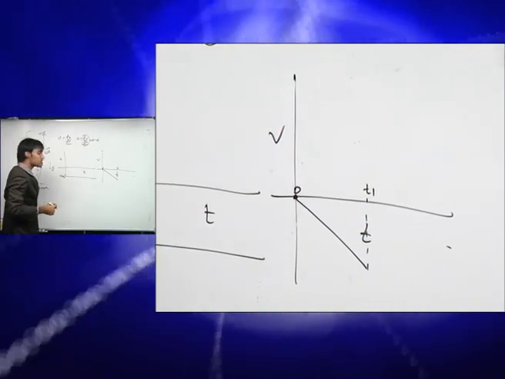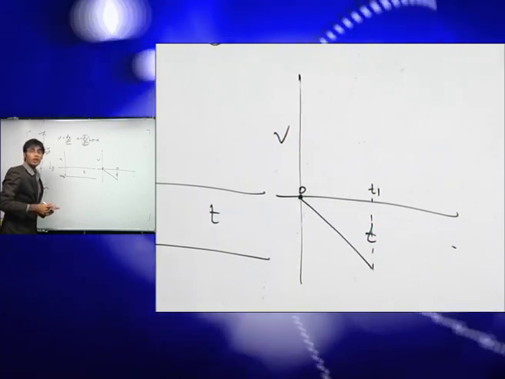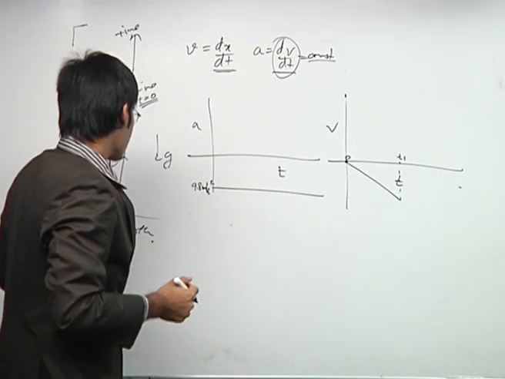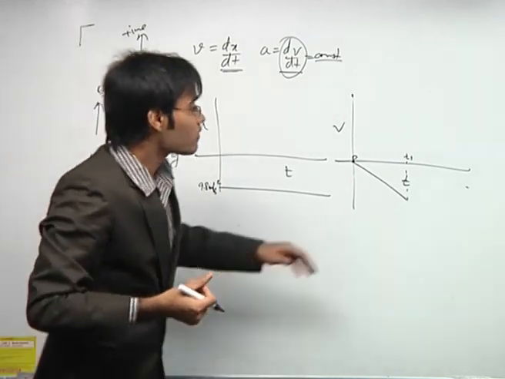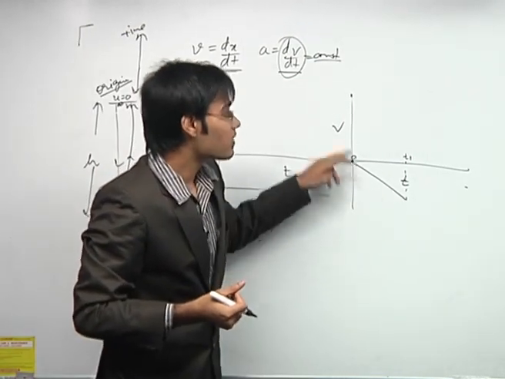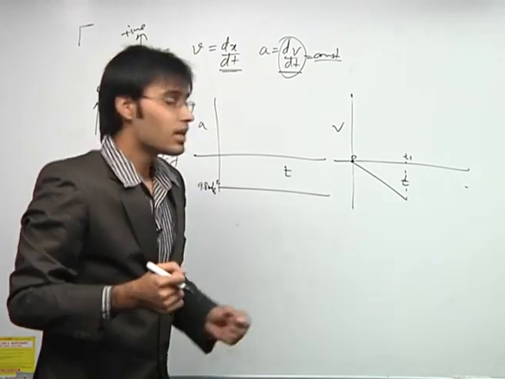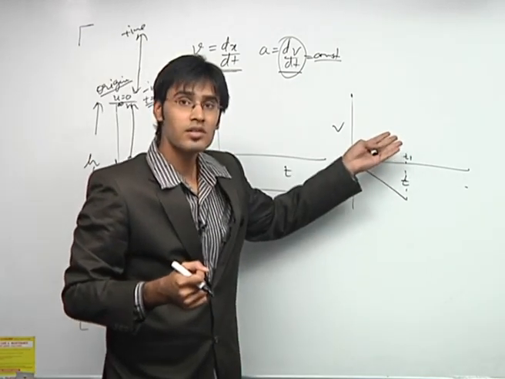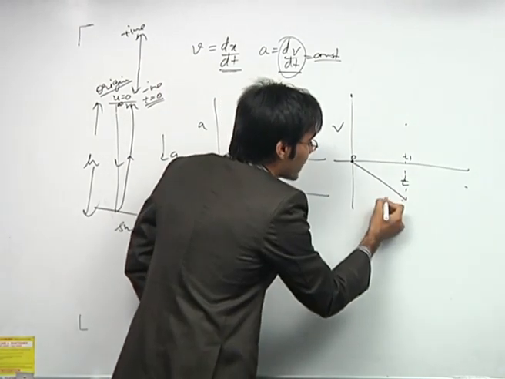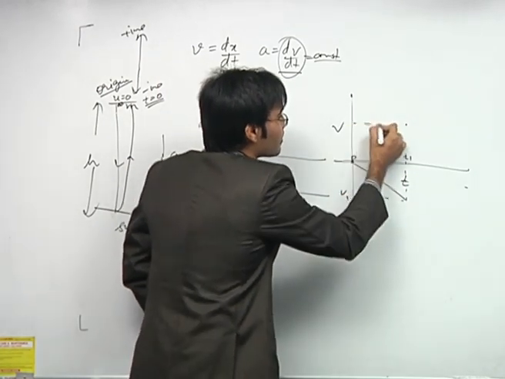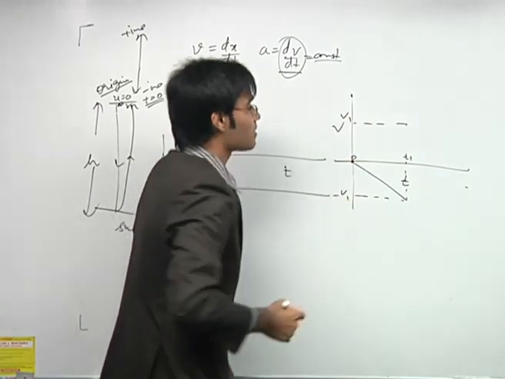After that the direction of the velocity changes, but since the surface is smooth, the speed remains constant. The magnitude of the velocity, that is speed, will remain constant, whereas the direction of the velocity changes. So the graph will jump from here to here. Remember this magnitude, let's say v1, will remain the same, that is minus v1.